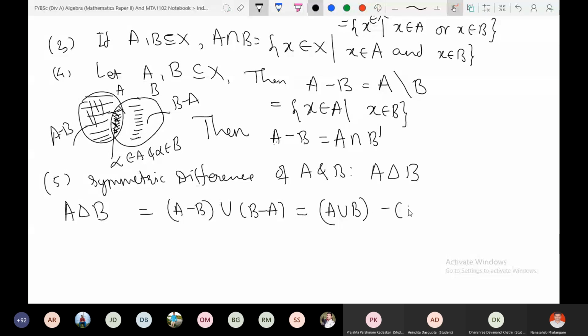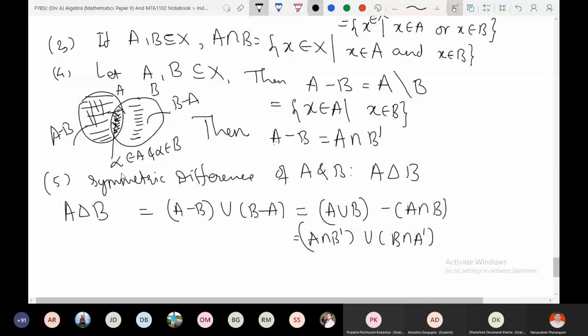So from the union remove the overlapping part, the intersection part. Or you can have alternative definitions also. Like A minus B is A intersection B complement, so similarly A delta B is A intersection B complement union with B intersection A complement. So these are the different ways to see the symmetric difference of two sets. Fine.